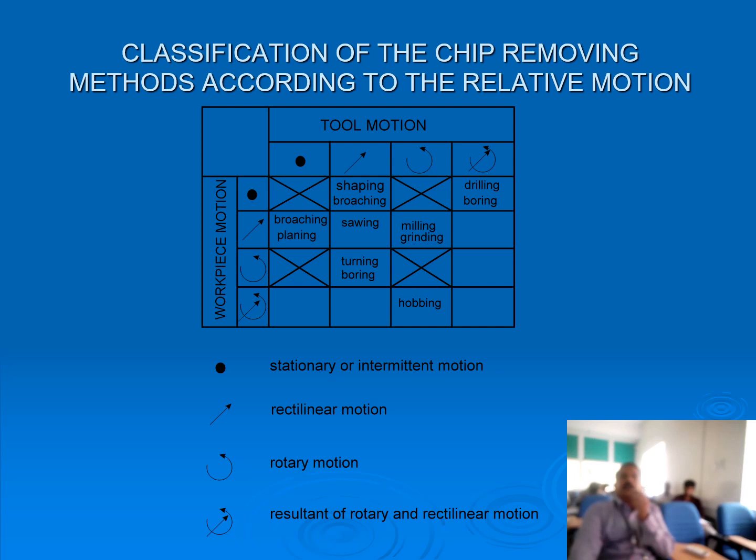Here this dot refers to stationary or intermittent motion, and this arrow, like here or here, is rectilinear motion. When the arrow is curved like this, here and here, that is rotary motion. When you combine these two, this symbol is a resultant of rotary and rectilinear motion, which you can observe here and here.